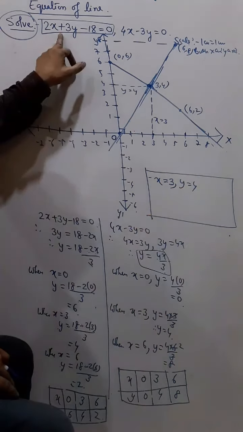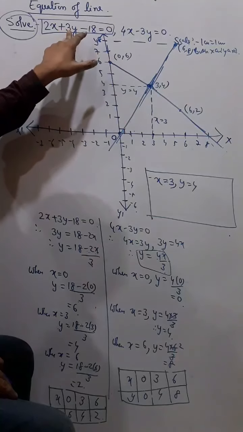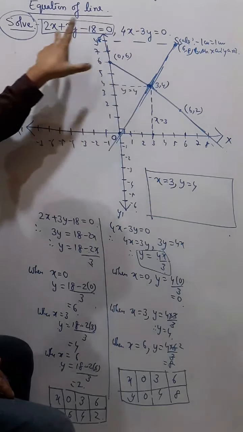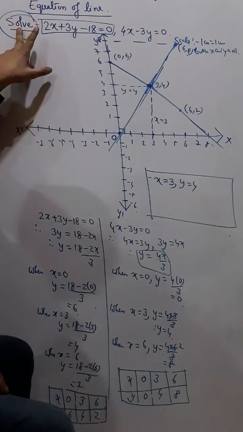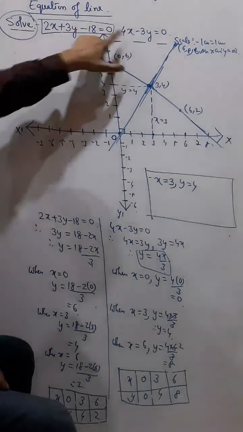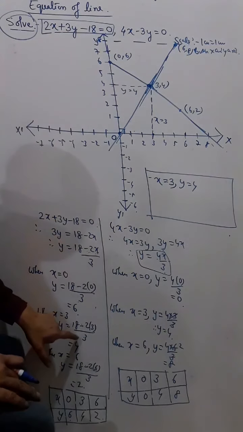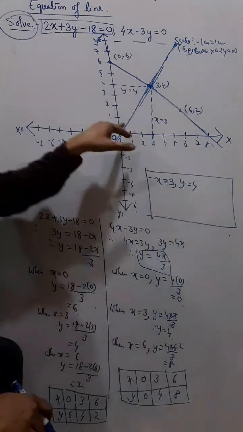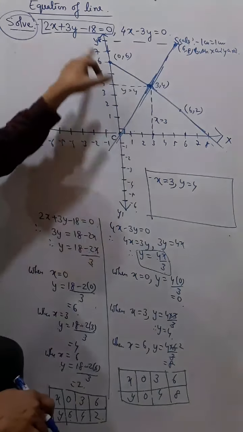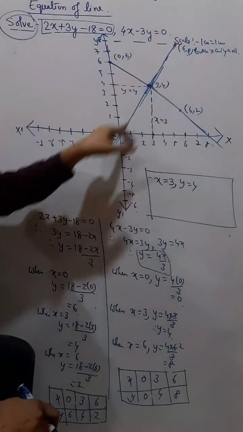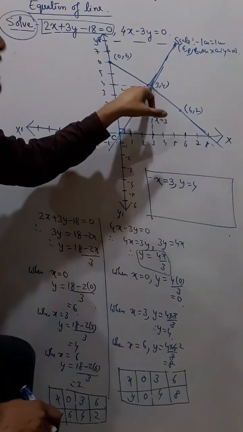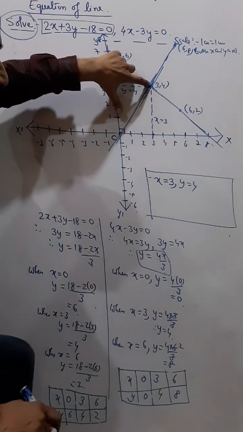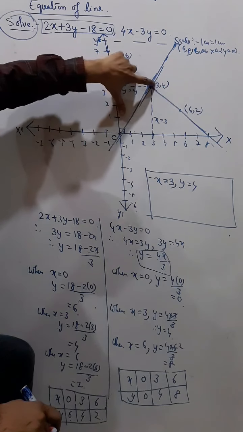So whenever they give you two equations of lines like this and then ask you to solve, with each equation you have to calculate and find out the points, at least 3 points. Then plot those 3 points and draw the lines, and wherever the two lines intersect, that intersecting coordinate point is the value of x and y.